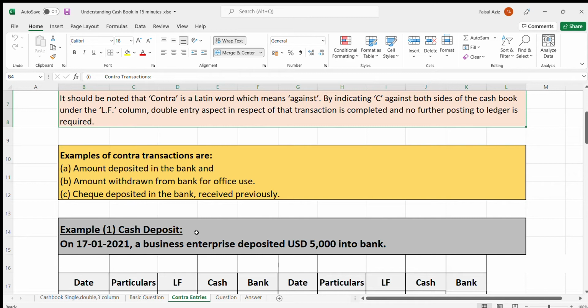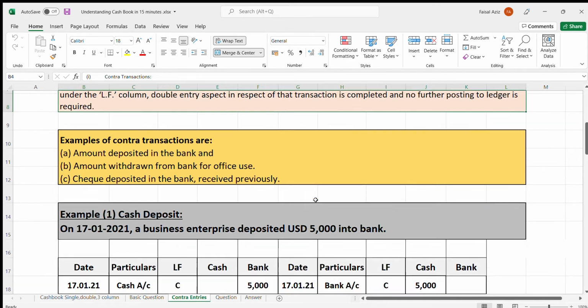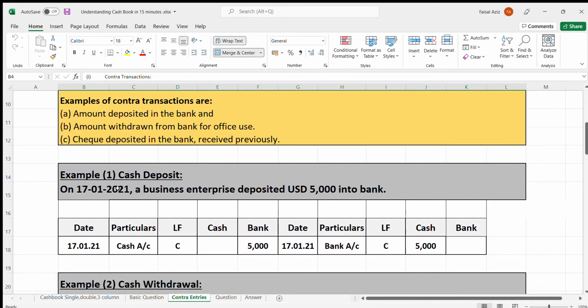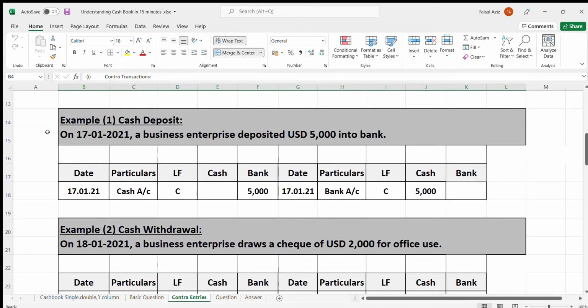So let's have a look at example number 1, where we will see how to record a contra transaction when it comes to depositing cash in the bank account. Let's have a look at the first transaction.